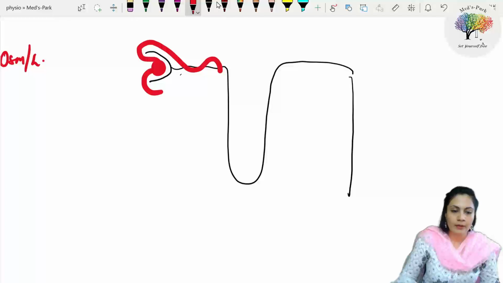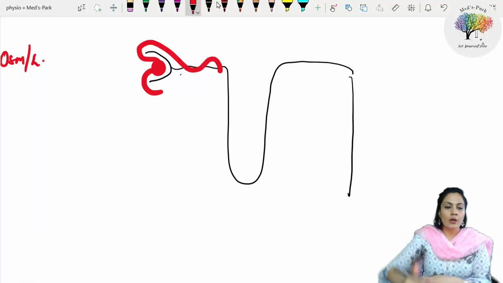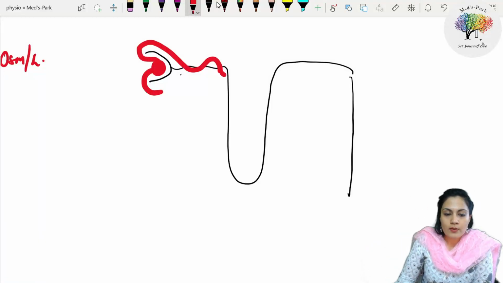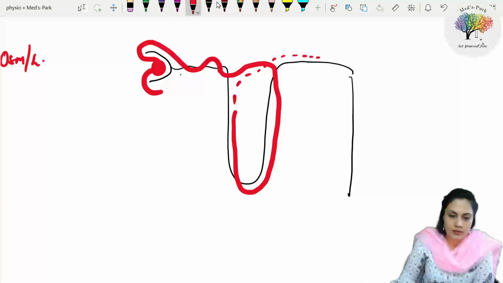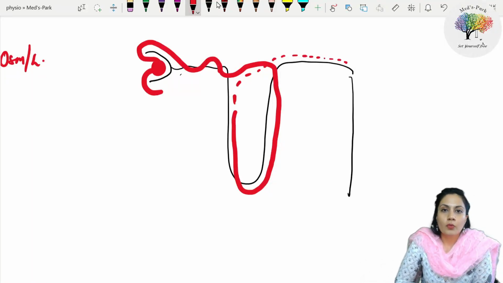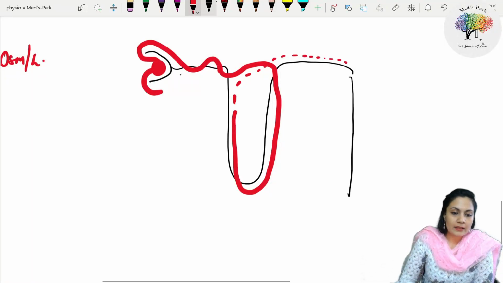These peritubular capillaries wind around the tubules. First they go towards the ascending limb of loop of Henle, and then they form a loop, which comes upwards and goes towards the DCT. That's how their path is going to be.